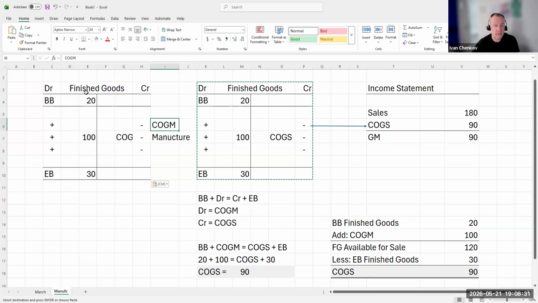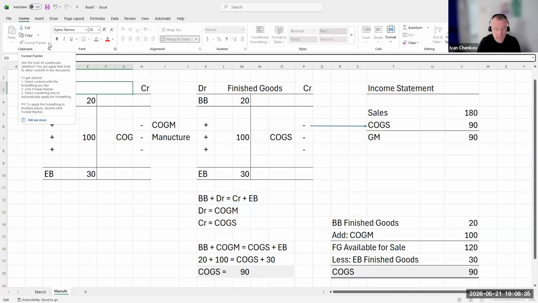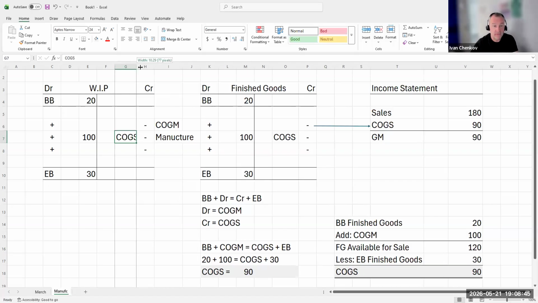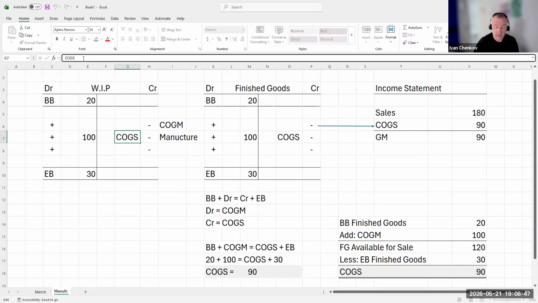That's going to be called work in process. It's not rest in peace, it's the work in process account. From that account, we're going to get cost of goods manufactured.